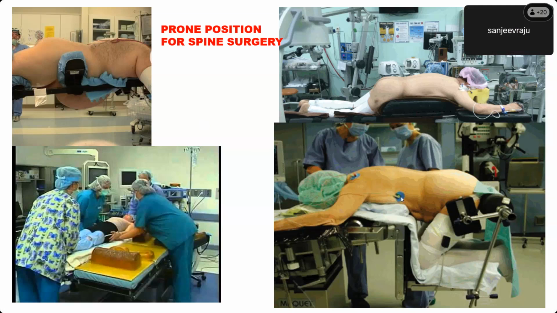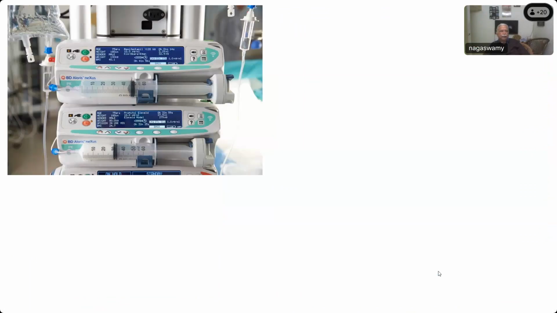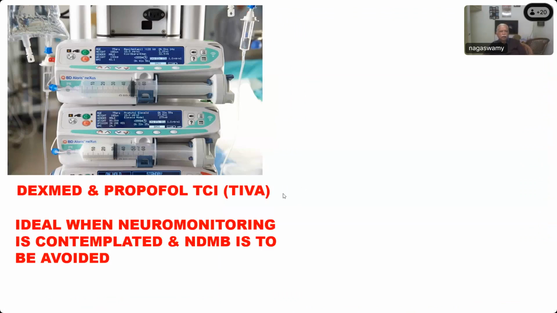And you can see where the ECG electrodes are placed. They are not placed on the front of the chest. They are placed well away from the operative field, on the back. And this is the infusions that you use for TIVA, for total intravenous dexmedetomidine and propofol TIVA. Ideal when neuromonitoring is contemplated.